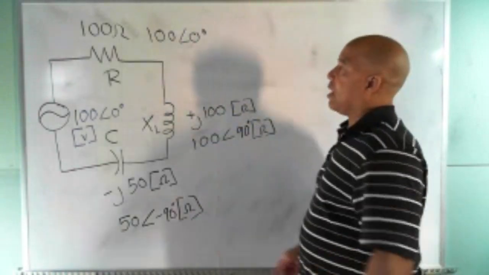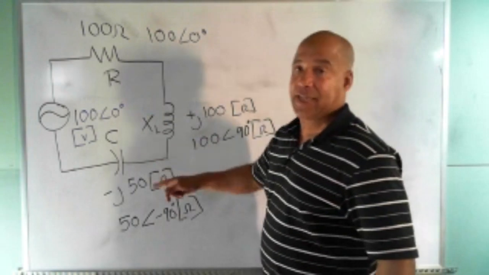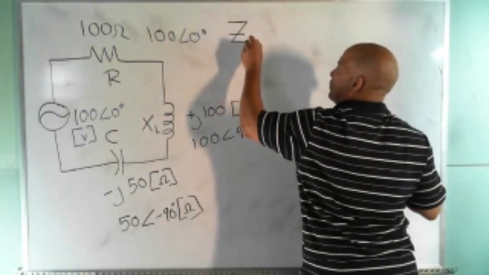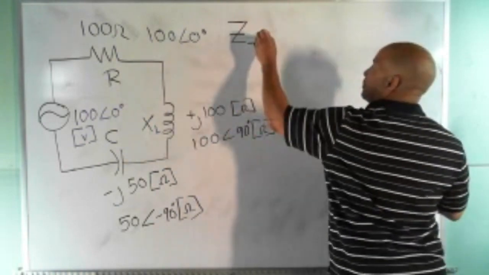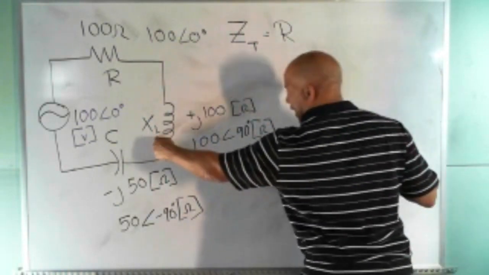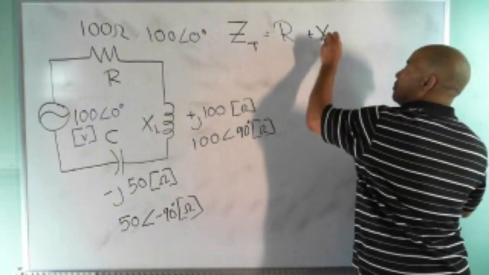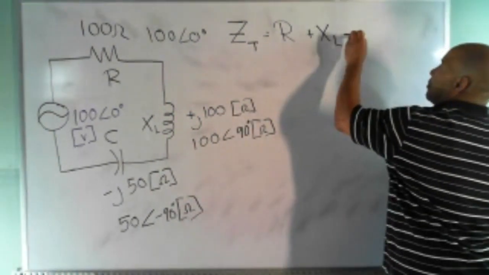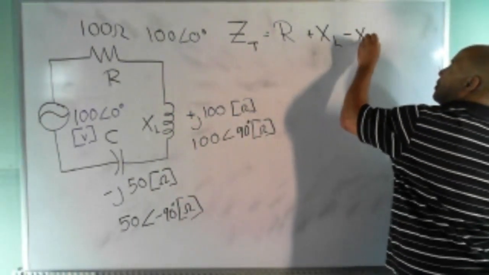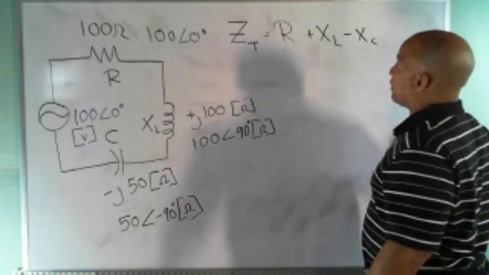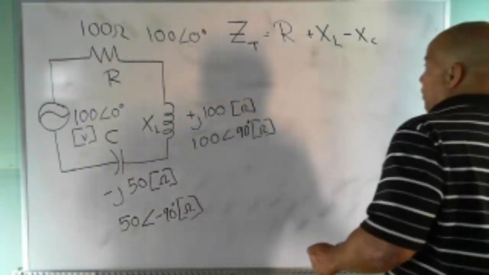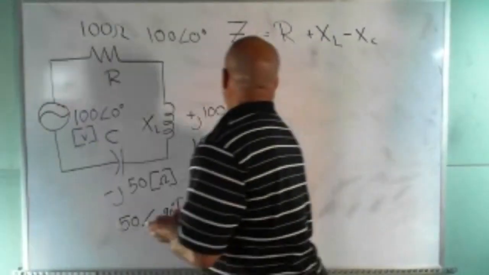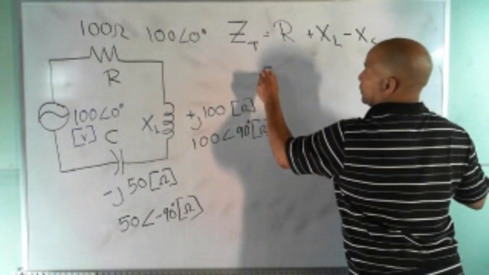Well, in the series circuit, all my oppositions are added up. So ZT, my total impedance, is going to be this plus that plus this. That's a negative number, so I wrote it as a negative. So let's put our numbers in there and see what we get. I have R of 100.